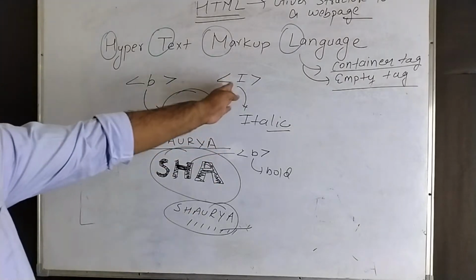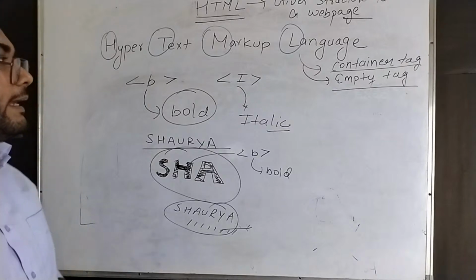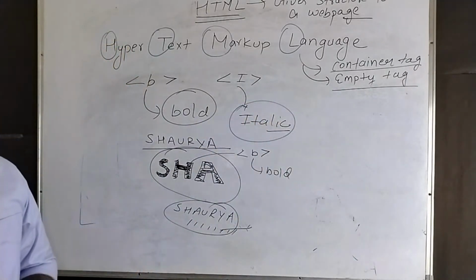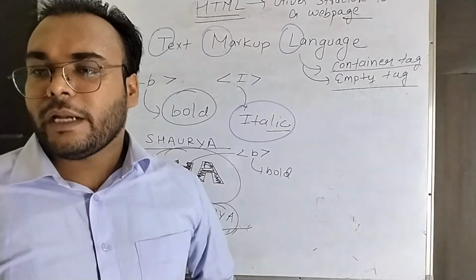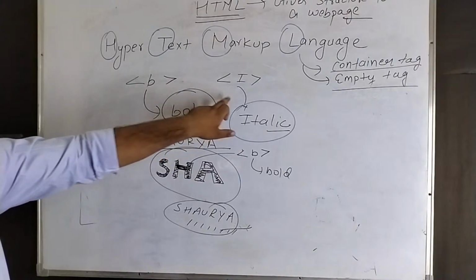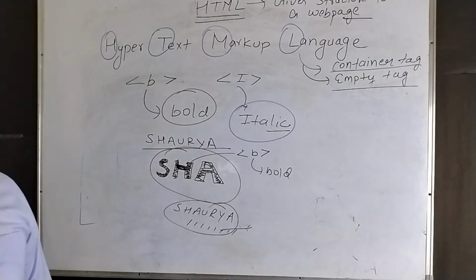I'm telling you that is the I tag beta, that is called the italic tag, ठीक है, clear? You can see B is bold, I is italic tag, clear?